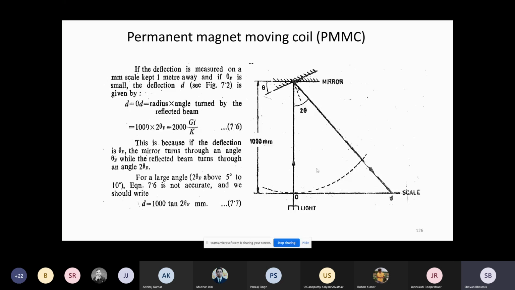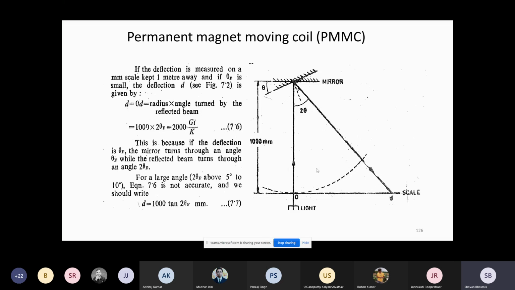When you reflect some light on the mirror, that light can be deflected with some angle, and ultimately you can get the deflected light ray over the scale, and you can read the scale. So either from reading the pointer, which is in terms of theta, or the deflection over the scale, which is d, small d, you can calculate the current passed through it, and that can be easily calibrated to other electrical parameters that will come later.